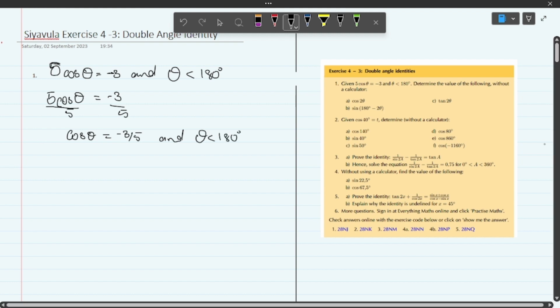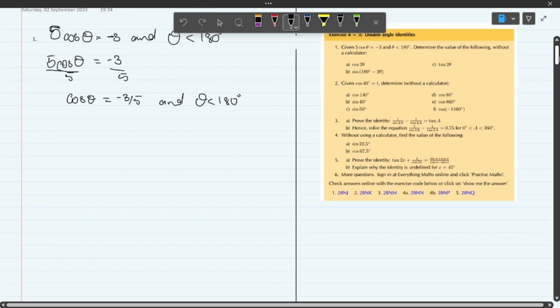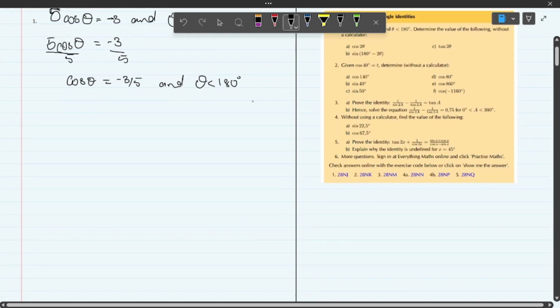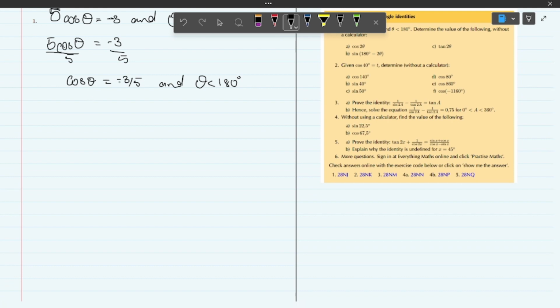So now the thing that you need to do is that you see that this structure, this 2D structure, is in the second quadrant, because it says theta, the angle that they're looking for, is less than 180 degrees, you see. So let's draw a Cartesian plane first and see whether we can tackle the question and demonstrate what it means.